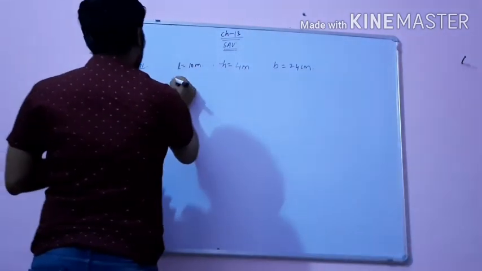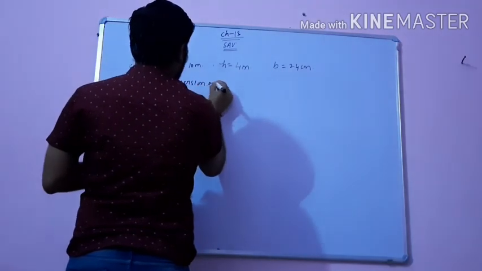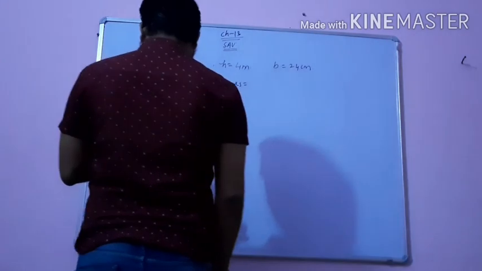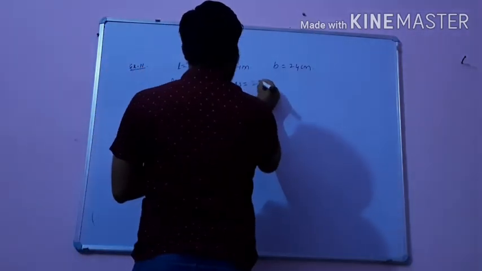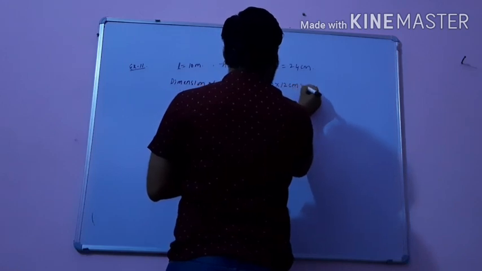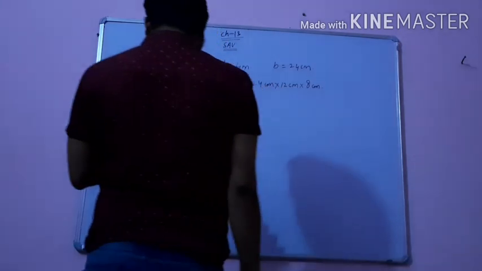Now the dimensions of the bricks are given, that is 24 centimeter multiply 12 centimeter multiply 8 centimeter. How many bricks will be required?